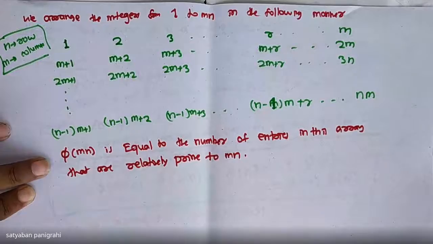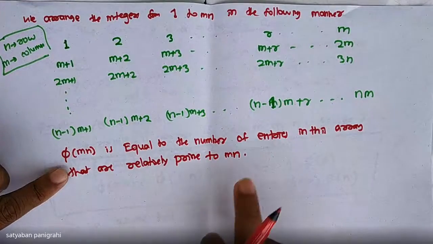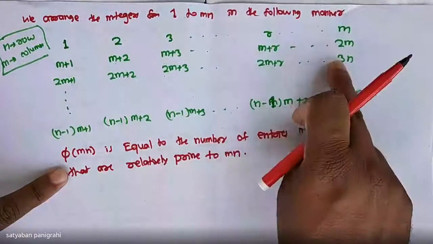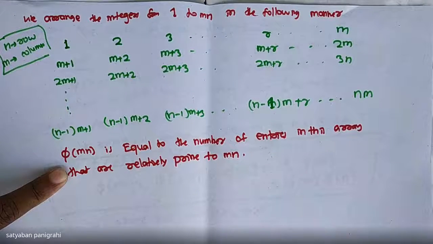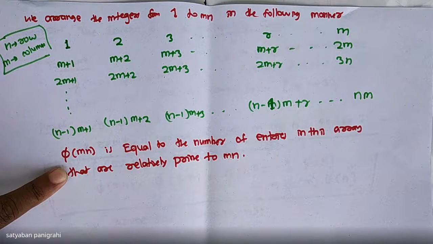Yes or no? By definition, phi of mn is equal to the number of entries here which are relatively prime to mn. Now you can see that.